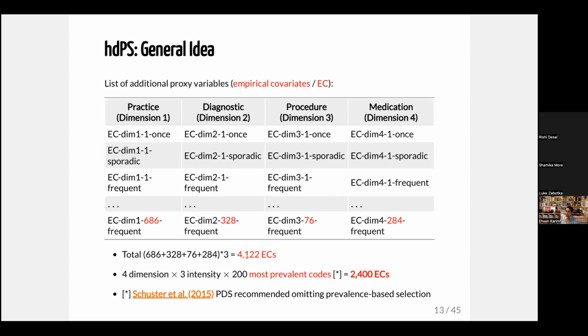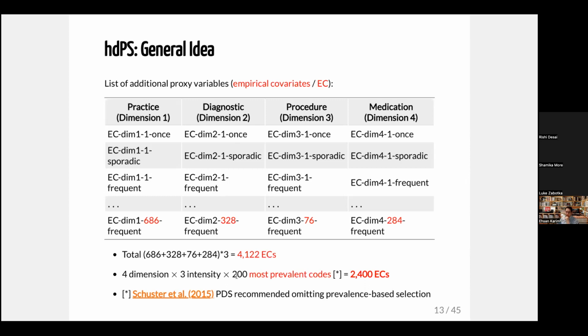So we had basically more than 4,000 binary empirical covariates, but it is too much. If the prevalence is too low, if we are dealing with a 0 frequency or 0 variability in some of these codes, that would create some problem.